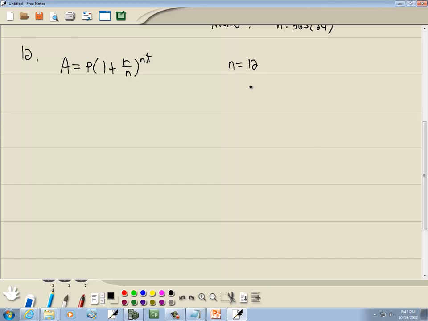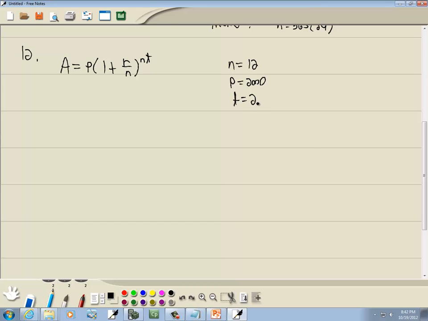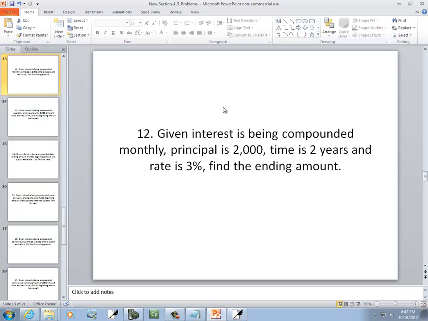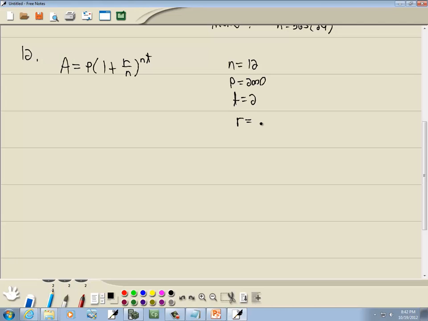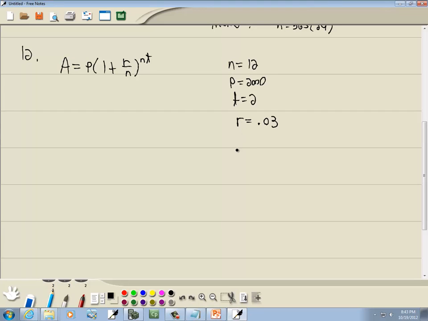Monthly means n is equal to 12. Principal is 2,000, so P is 2,000. Time is 2 years, so t is 2. And rate is 3%, and I want it in decimal form, so r will be 0.03. They want to know what A is.